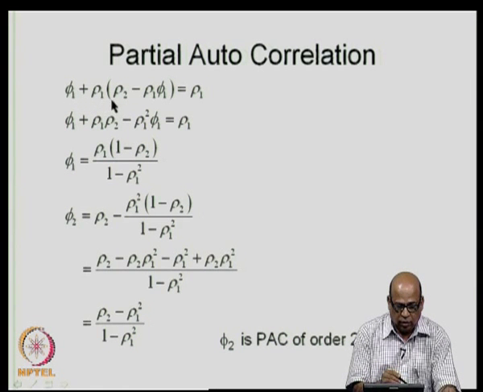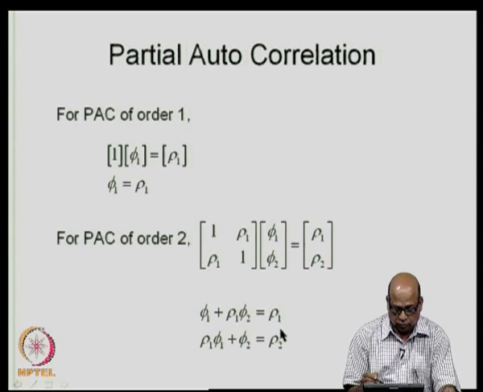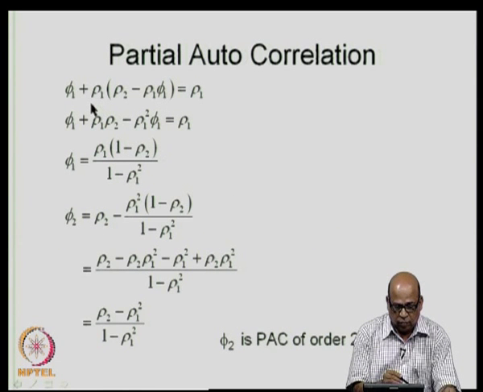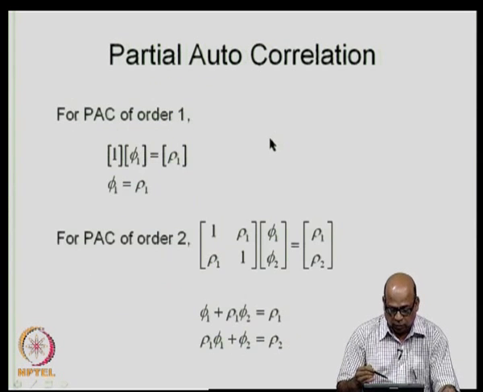So, we will simplify that. You get here phi 1 plus rho 1 phi 2 is equal to rho 1. So, you are substituting for phi 2 here. I am sorry, let me explain this correctly.